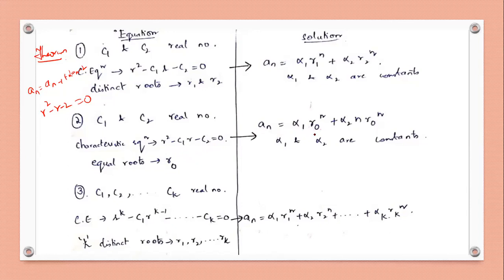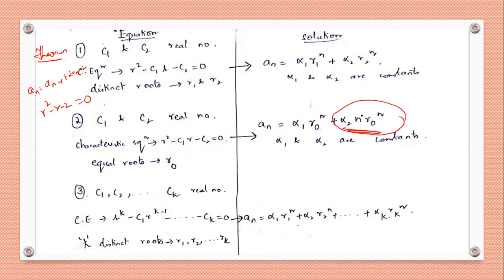The first term is similar, but for the second term, we will have alpha 2 into n into r naught power n. So the same root is being multiplied by alpha 1, but in the second case, we will also multiply it with n. This term is being changed from theorem 1. If we compare theorem 1 and theorem 2, this second term is different.